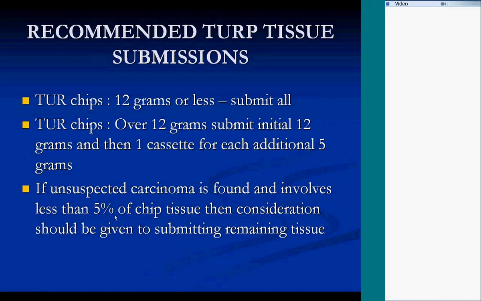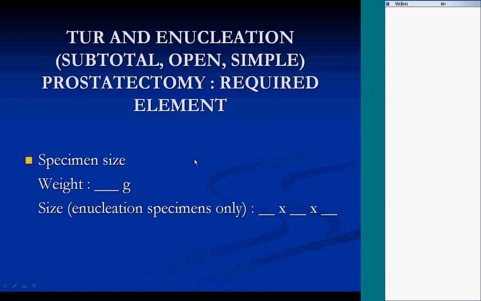Less than 5% of TURP chip tissue or enucleation tissue involved versus greater than, because it'll change the stage from clinical T1A to clinical T1B. So it's also straightforward that for these types of specimens, we provide the weight of the specimen, and for enucleation specimens, the size in 3 dimensions.